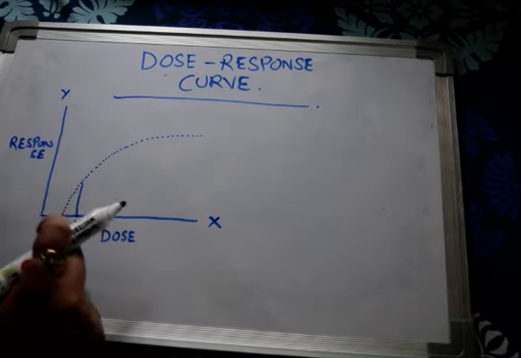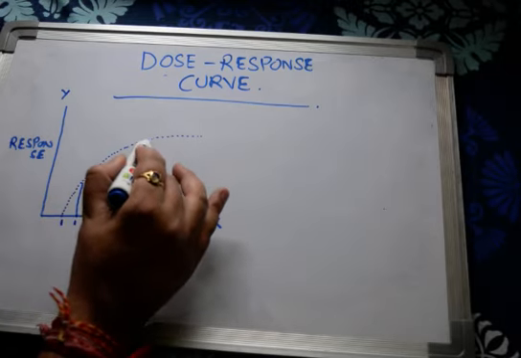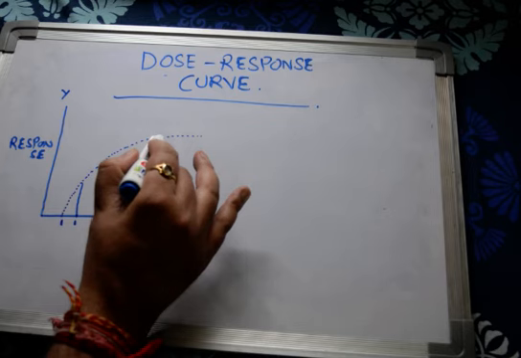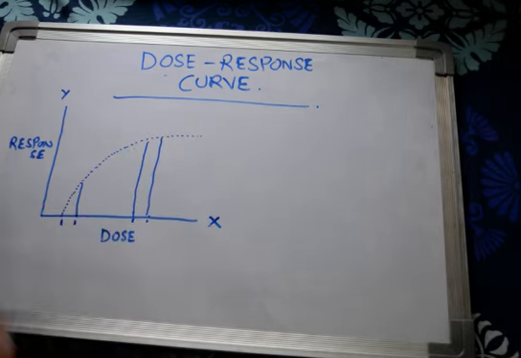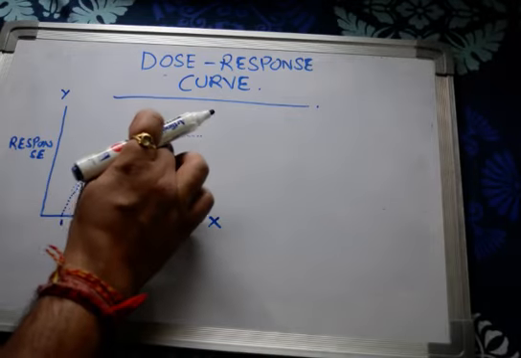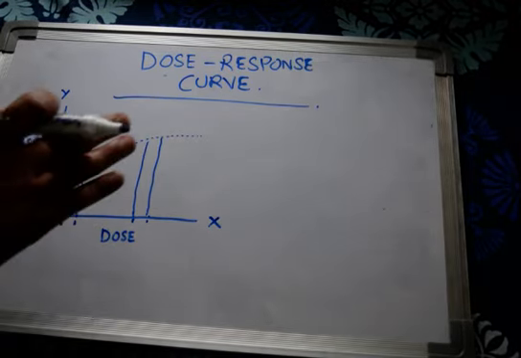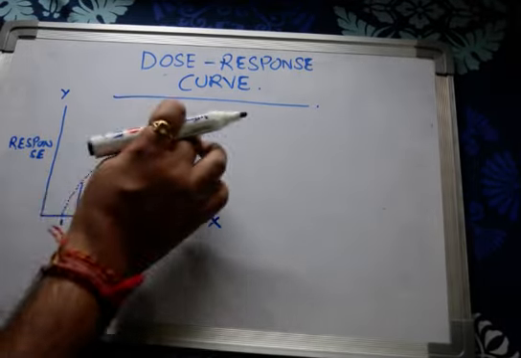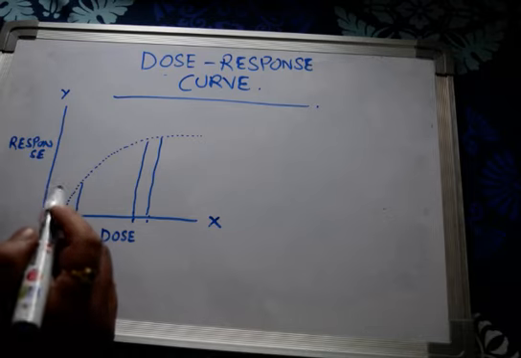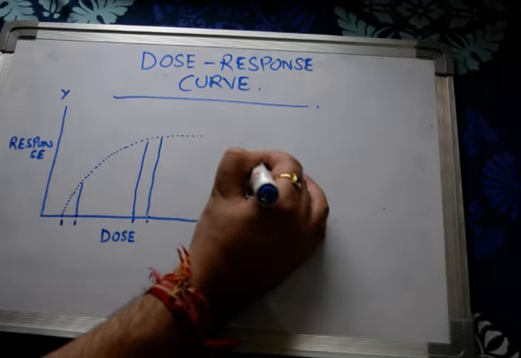In the beginning you will see something like that, and towards the end the increments in doses will not lead to much of a difference in the responses. Okay, towards the end you will see that this response curve is now flattening. So this type of graph which you have got, or the curve which you have achieved here, is called a hyperbola.